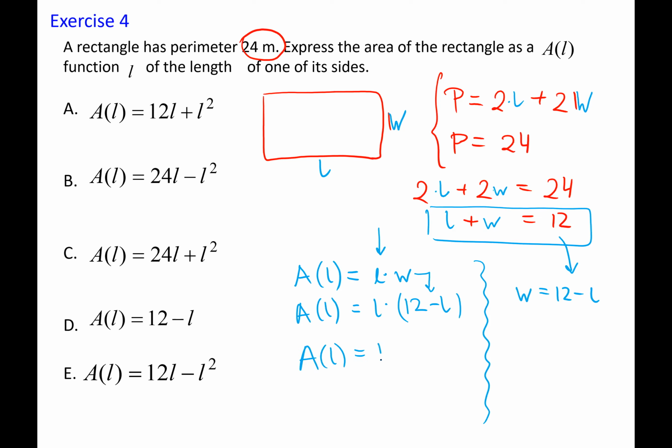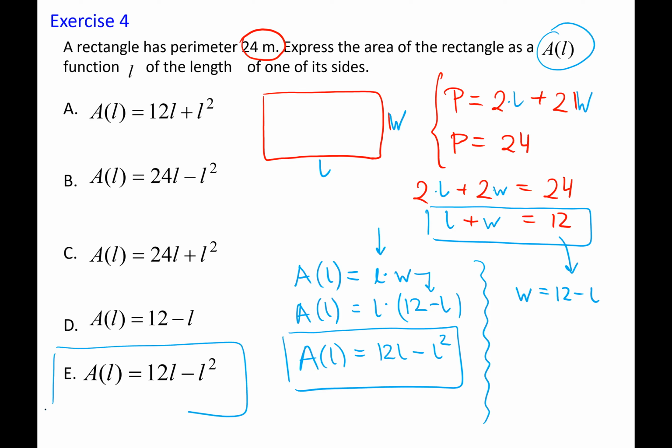L times 12, 12L. L times negative L, negative L squared. This is my function A of L, the area as a function of the length. And I see that option: 12L minus L squared.